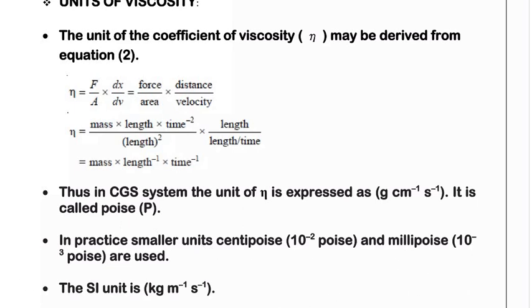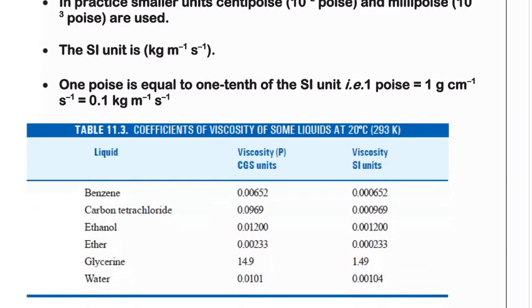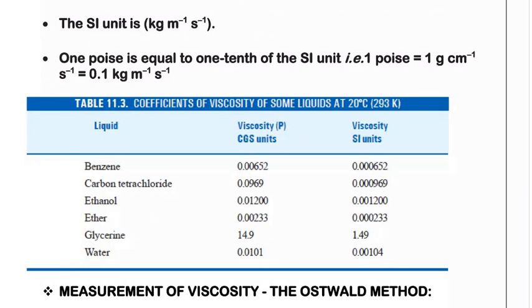The SI unit is kg per meter per second. Now 1 poise is equal to 1/10 of the SI unit. For the conversion: 1 poise is equal to 1 gram per centimeter per second, which is 0.1 kg per meter per second.